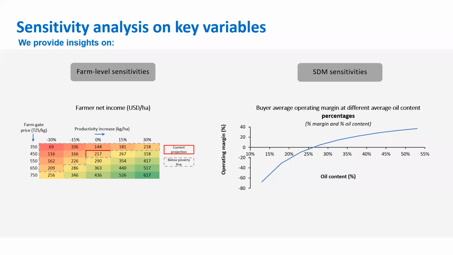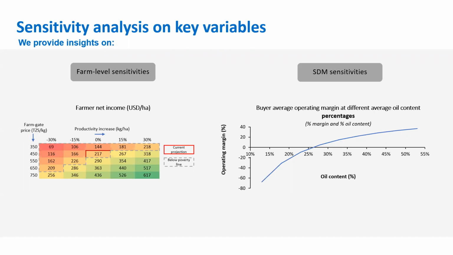Here there is a buyer sourcing sunflower seeds, and the oil content of sunflower seeds has a significant impact on commercial margins. So we wanted to test the assumption of the average oil content they were sourcing and how this would impact their operating margin.